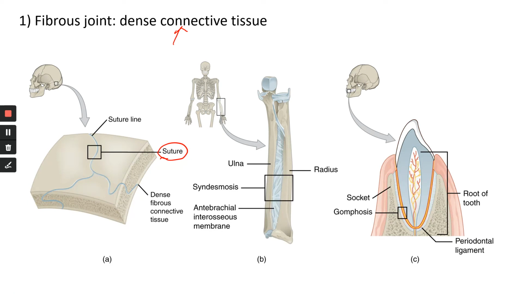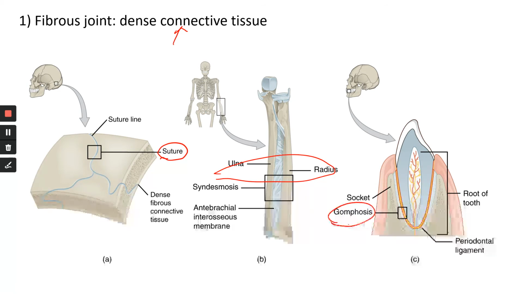You can also find a fibrous joint in between the ulna and the radius. These are the two bones in your forearm. Those bones are also connected or held together by dense connective tissue, a fibrous joint. The last example is actually the gum. This particular type of fibrous joint is called a gomphosis, based on the location.